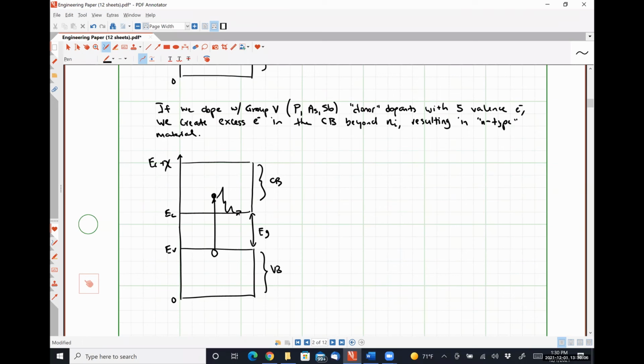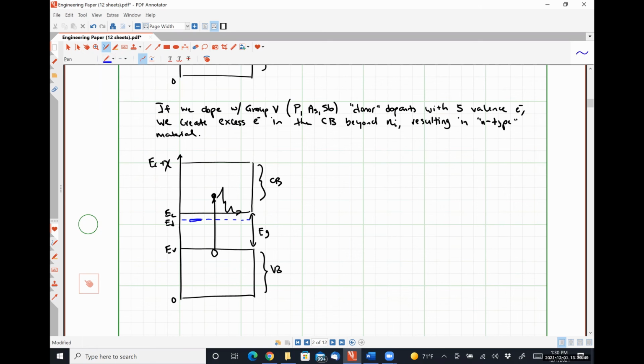Probably have holes available, or intrinsic holes available in the valence band and free electrons available in the conduction band. When we put in a donor impurity, we wind up generating another energy level in our band gap, okay? And that energy level is going to be slightly below the edge of the conduction band. So let's call this guy ED.